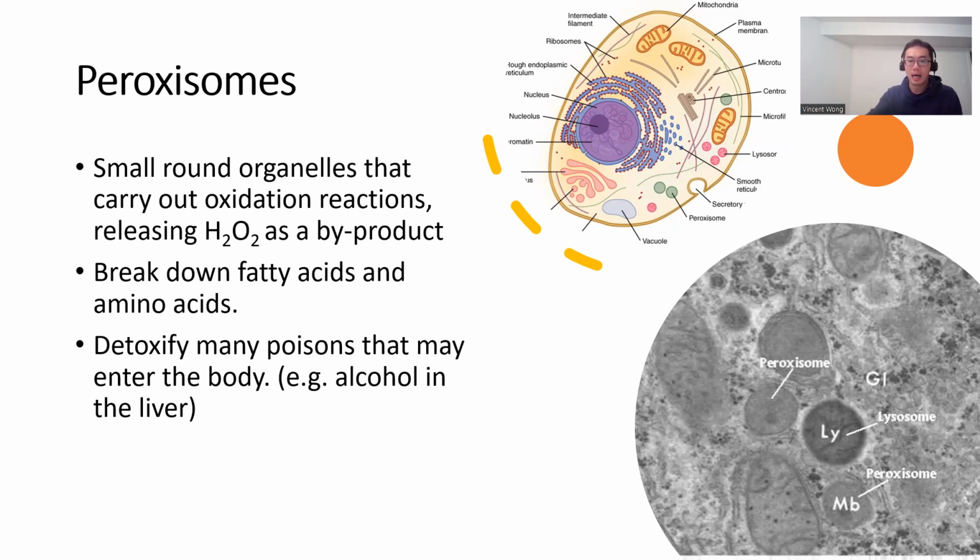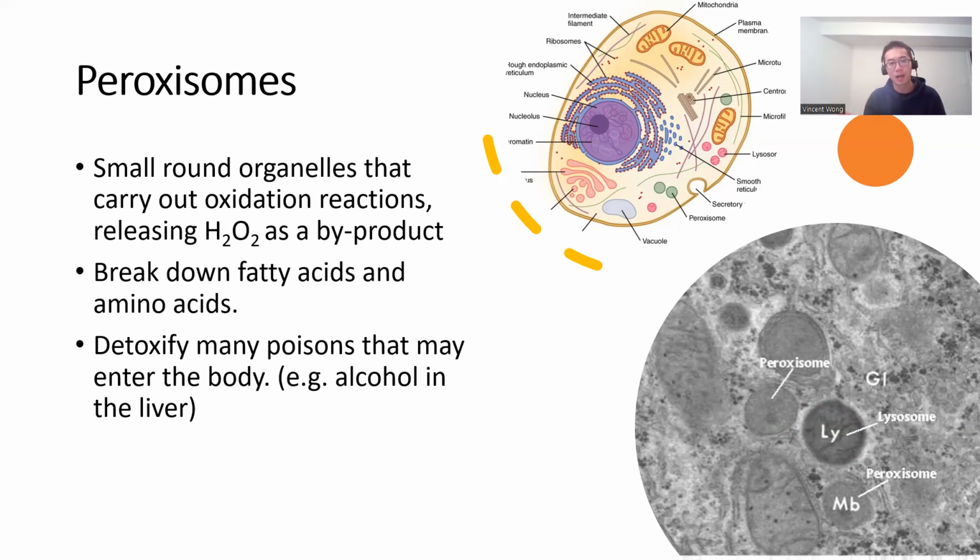Peroxisome. And you can see in this picture, it looks almost identical to the lysosome. How are you supposed to know? This circle is peroxisome, this circle is lysosome. One is darker than the other, but not always. So it's hard to tell. You have to really study these things to be able to tell them apart, which we're not going to worry about.